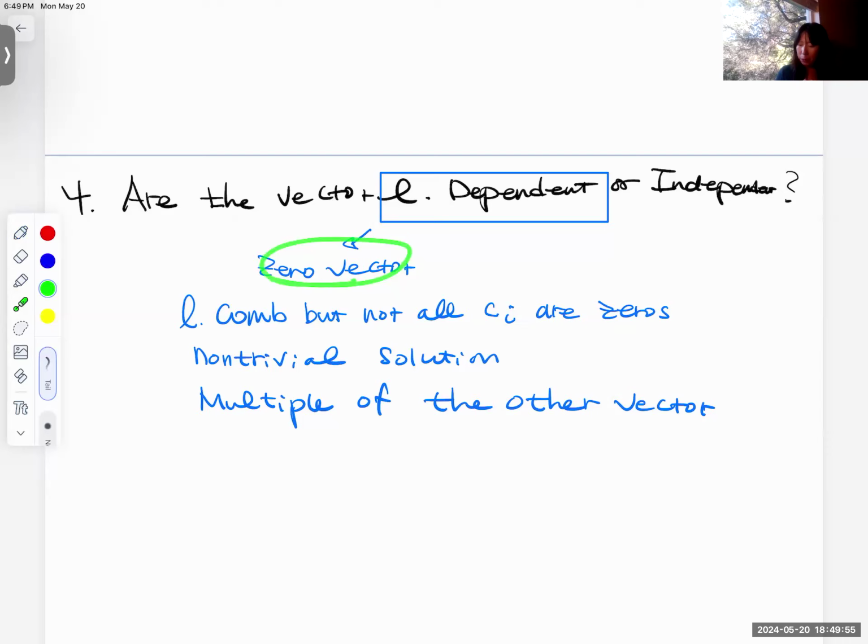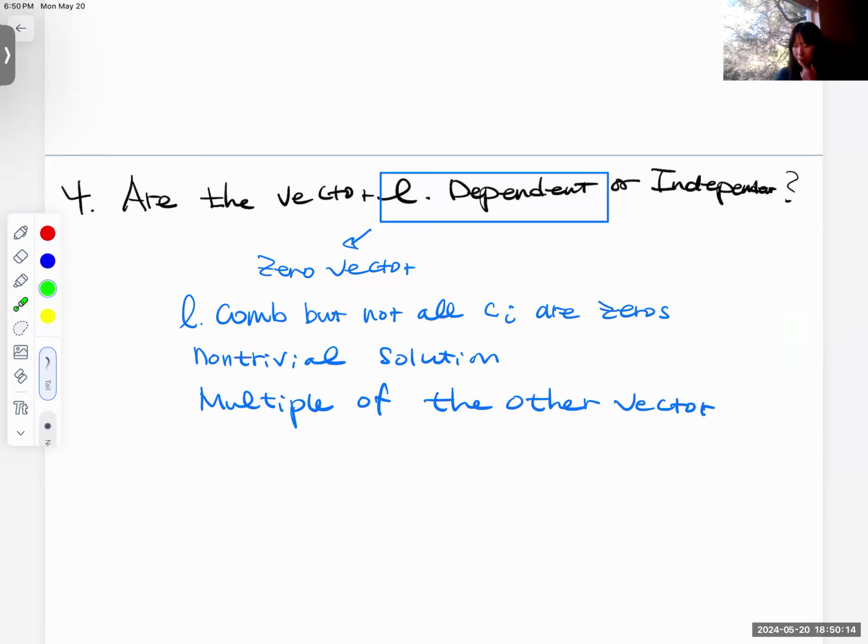Because the zero vector is a linear combination, but not all c sub i are zeros. Since not all c sub i are zeros, we can set up one vector as the zero vector to make the other side 0, 0, 0.